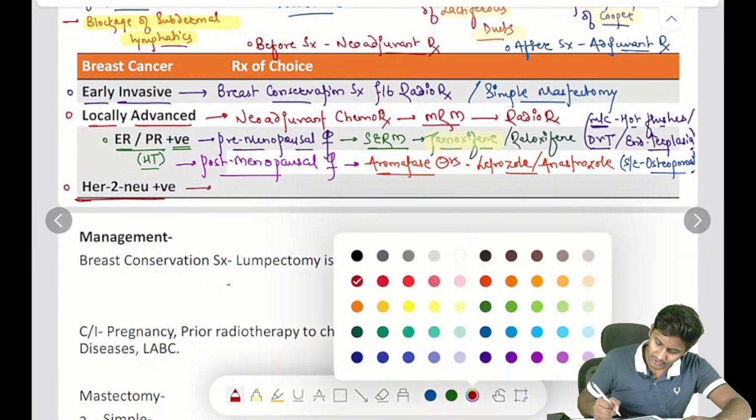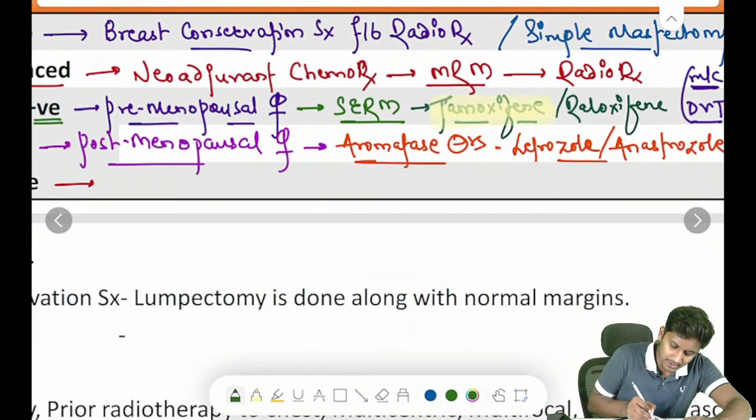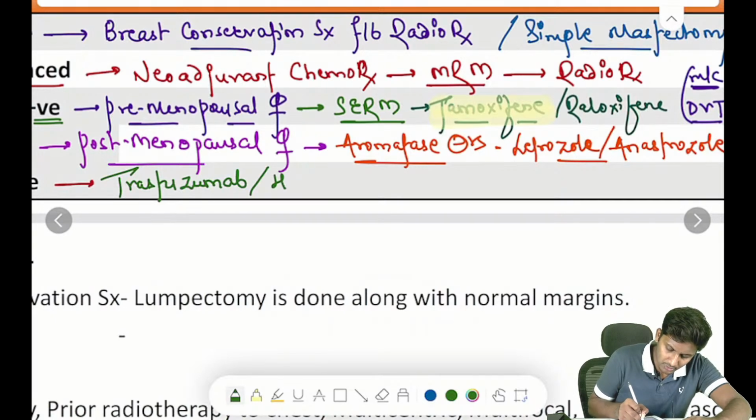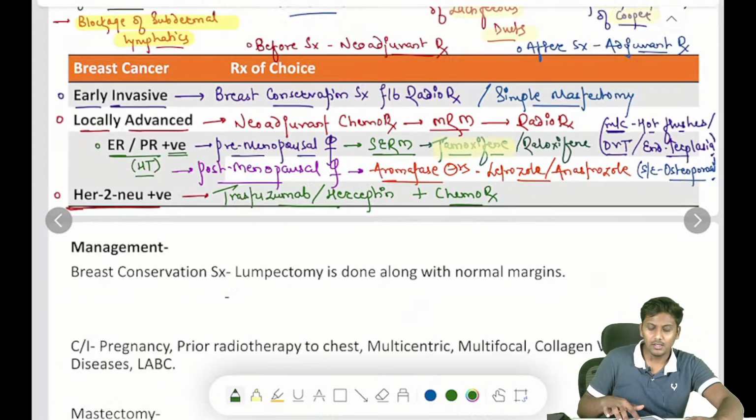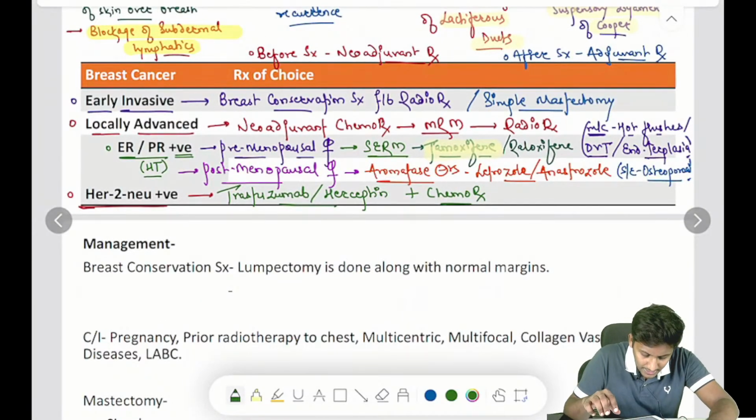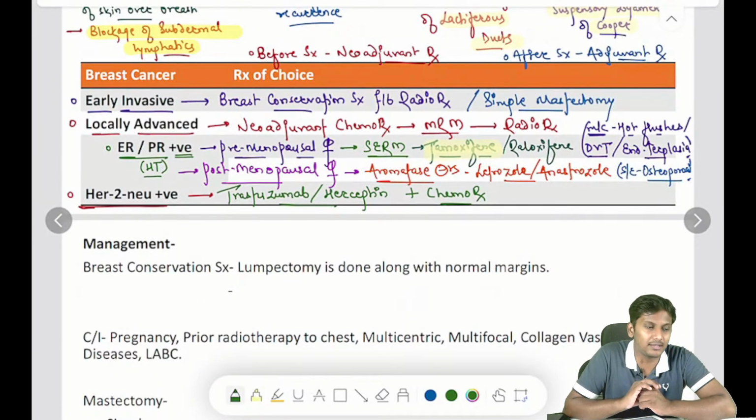So the drug given in a case of HER2 neu positive breast cancer is usually trastuzumab. Along with that we have to give chemotherapy to the patient. That has to be remembered. I'll talk about the chemotherapy used for breast cancer, don't worry about that. So please remember, if it is a HER2 neu positive breast cancer, it is trastuzumab or Herceptin plus chemotherapy.